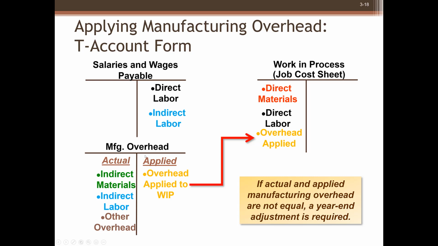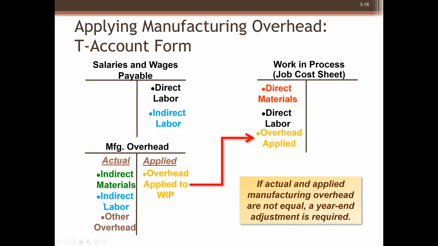Let's take a look at the manufacturer overhead. This is the T account of MO. The left-hand side shows actual amount of MO. So we debit indirect materials, indirect labor cost, and other MO cost incurred for the company.